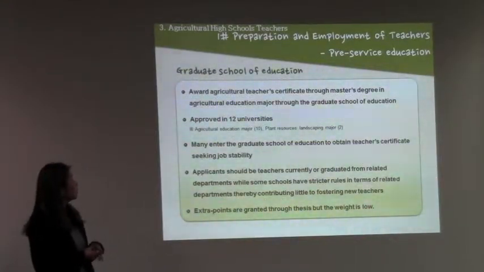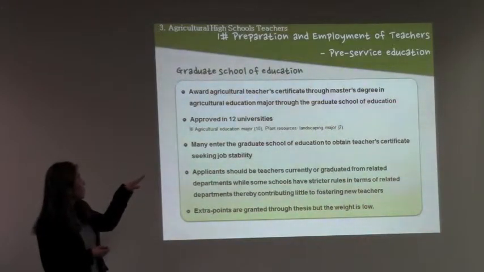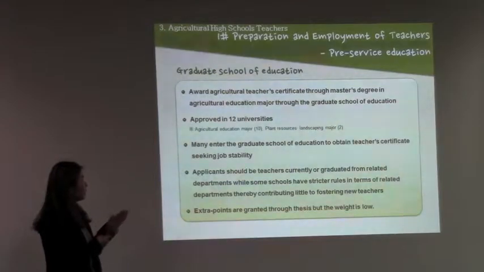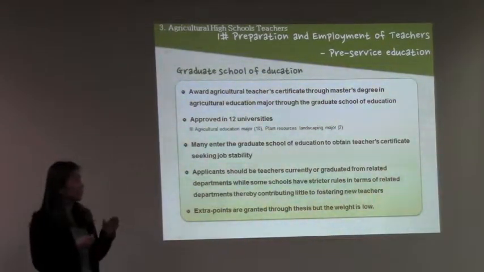And the last one is the Graduate School of Education. It is approved at 12 universities, and many students enter the Graduate School of Education to obtain a teacher certificate, seeking job stability.